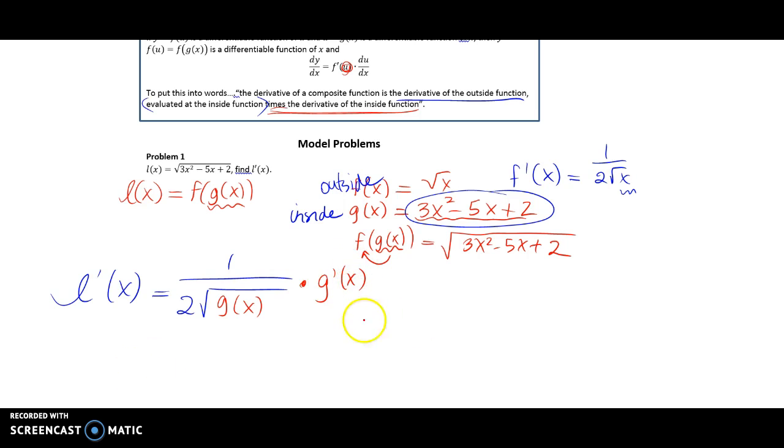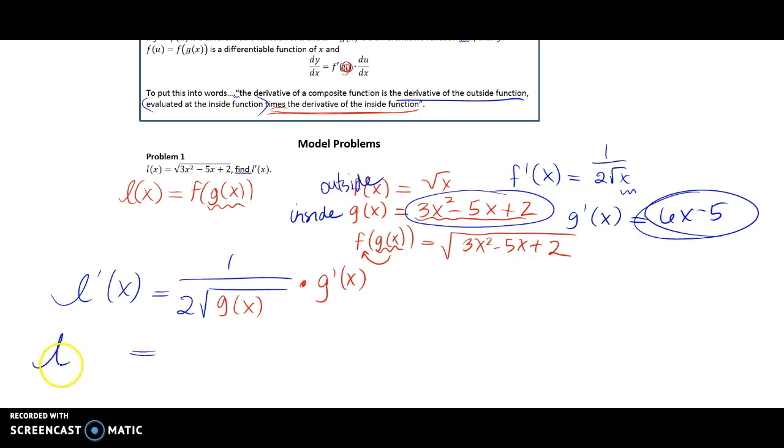So check this out. I've got g of x. I circled it over here in blue. I can easily find g prime of x using my power rule. That's 6x minus 5. When I sub these two things in over here, what I'm actually able to get to is that the derivative of the function L is 1 over 2 square roots of 3x squared minus 5x plus 2 times 6x minus 5.